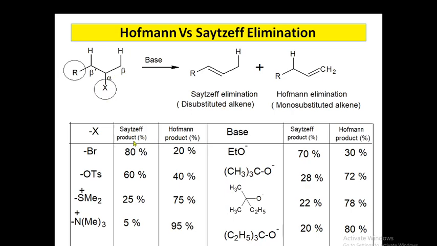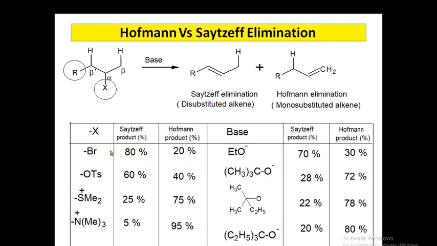Now, depending on the size of the leaving group, the percentage products of Saytzeff and Hofmann vary. If you have bromine as a leaving group with a specific base, then the percentage of Saytzeff product is 80%, while Hofmann is 20.